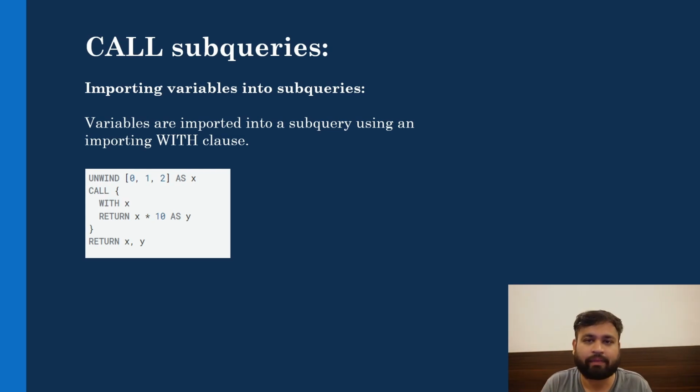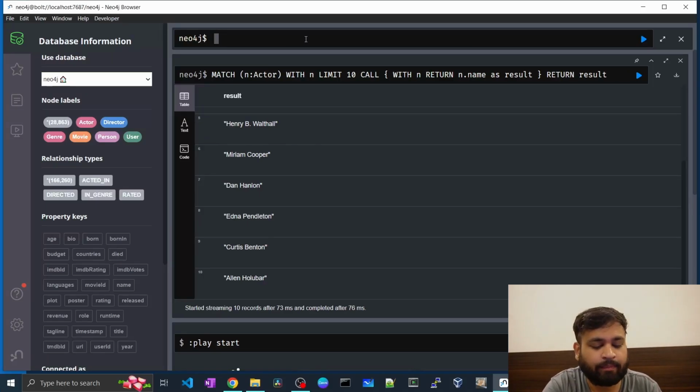Let's do that in our graph. For this example, let's take the unwind here. In the unwind we will have a list. The unwind operation will convert those lists into rows of objects. So here let's take an example of maybe 10, 20, 30.